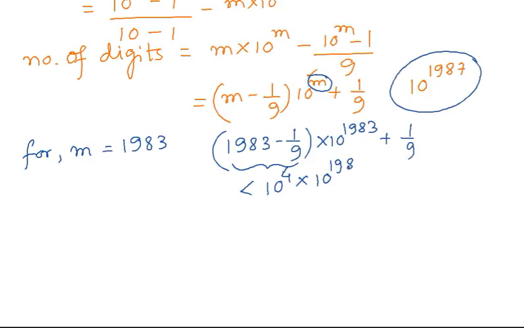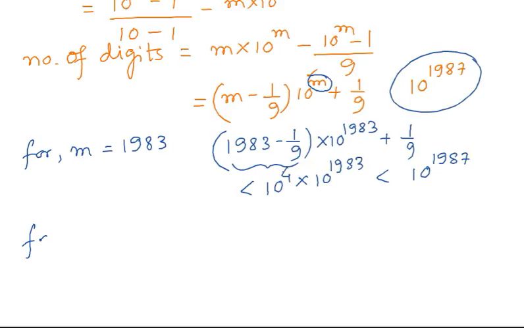So this number is definitely going to be less than 10 to the power 1987. That's for sure, because 1983 minus 1 by 9 is going to be a 4-digit number, so it has to be less than 10 to the power 4, and this is 10 to the power 1983, and 1 by 9 will not make much difference. So 10 to the power 4 into 10 to the power 1983 is 10 to the power 1987. So this whole quantity for m equal to 1983 has to be less than 10 to the power 1987.